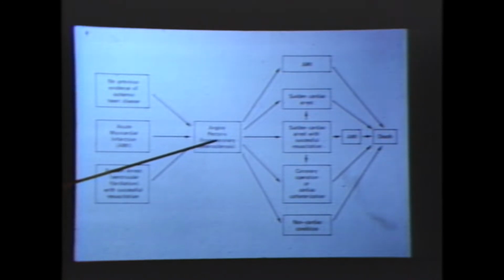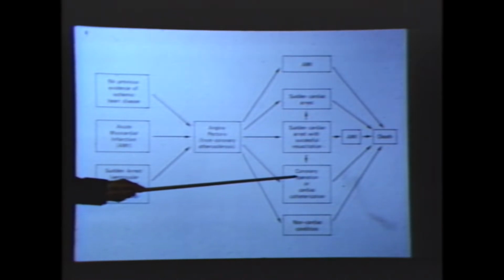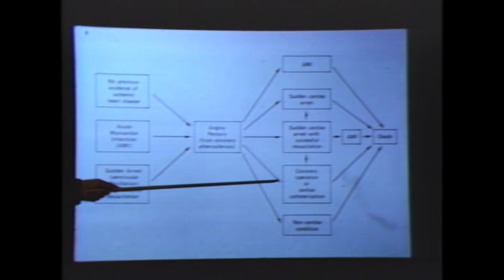So in order to get a group of patients whose only manifestation of myocardial ischemia was angina, we took a group who died at coronary operations or had a cardiac catheterization accident.